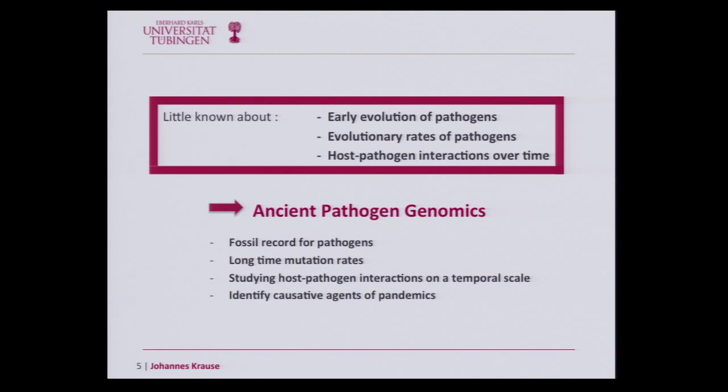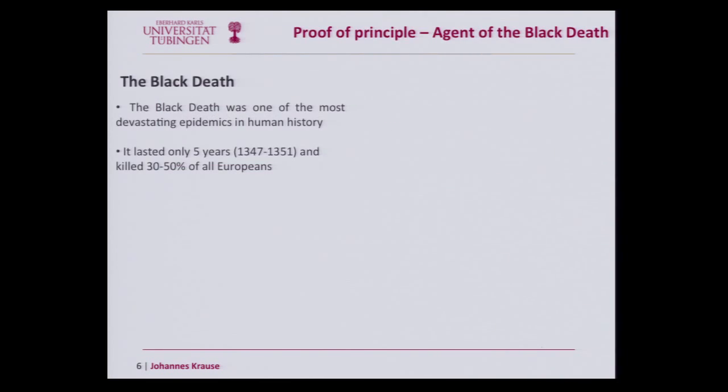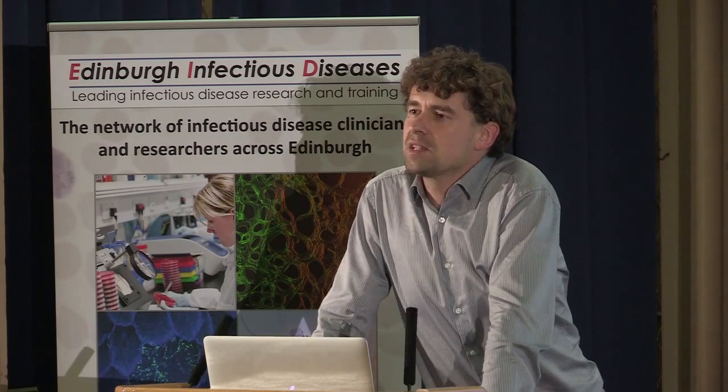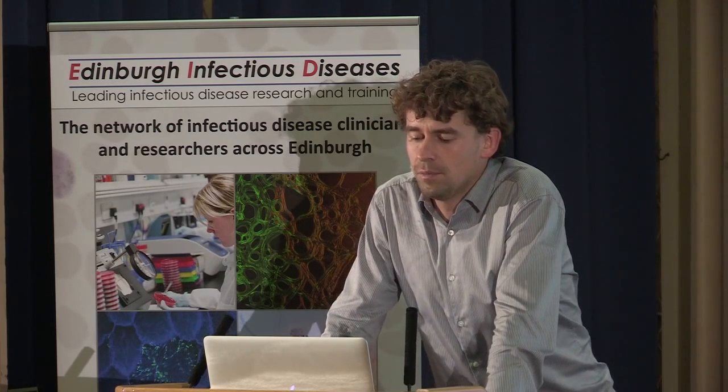And the Black Death was indeed our first study where we applied this new field and these new technologies to find out what in the first place has caused the Black Death, and then also how did the pathogen change after the Black Death over the last few hundred years. So the Black Death itself is this pandemic from the 14th century, which only lasted about 5 years, from 1347 to 1351.